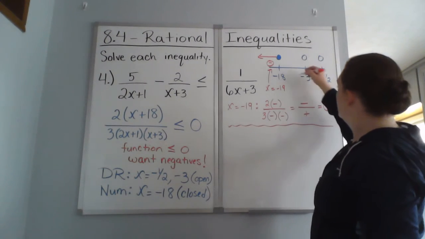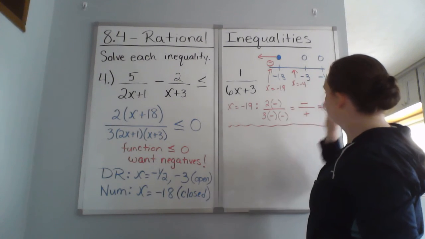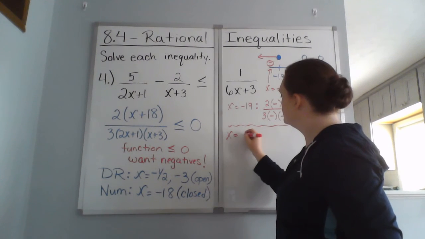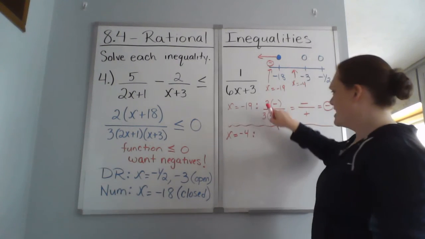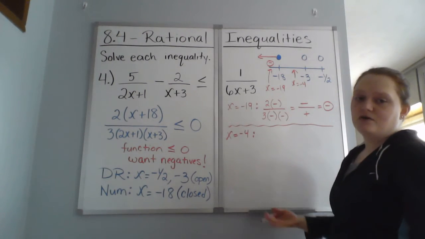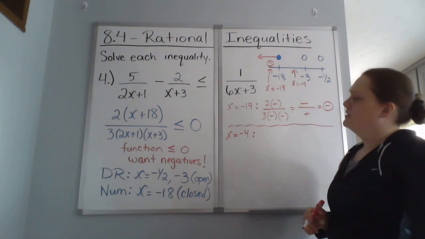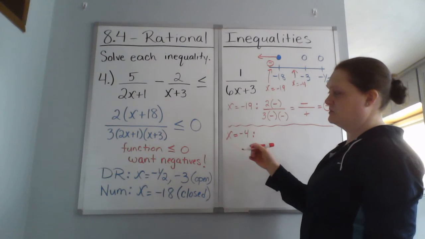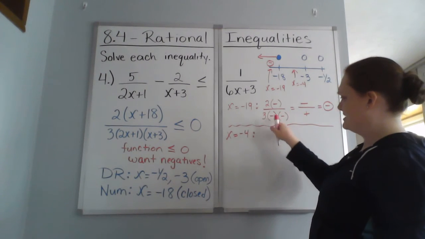Next up, I'm going to go with x equals negative 4. Keep in mind, there's no one right number to choose for your test values. And see how we have the 2 and 3 out in front? Those are always positive. They're not really going to influence anything, so I don't even really need them, because remember, a positive times something stays the same.